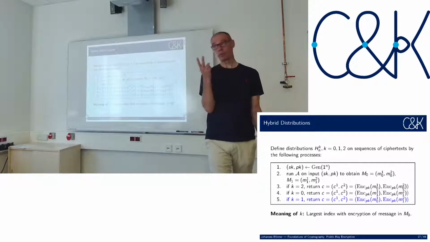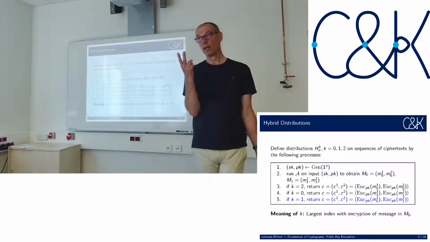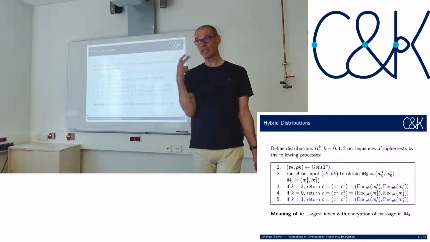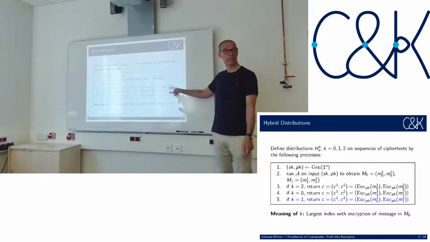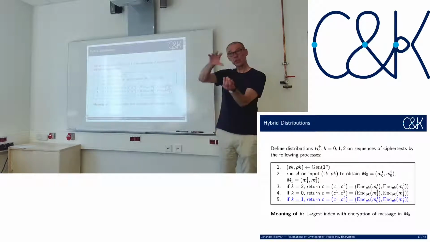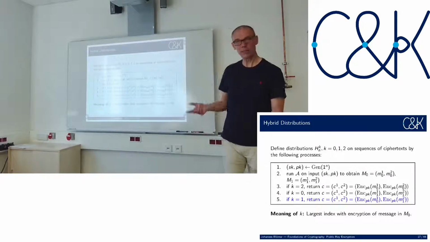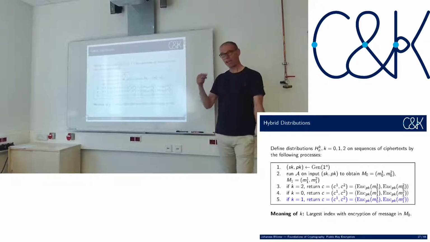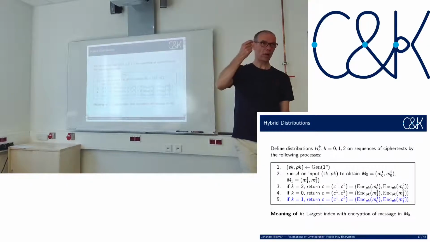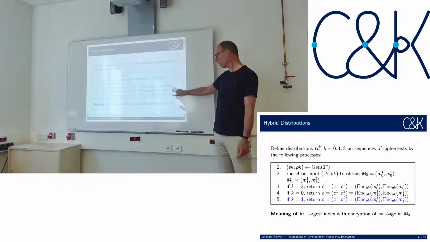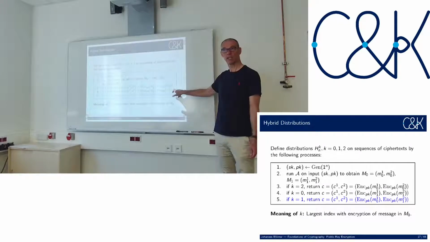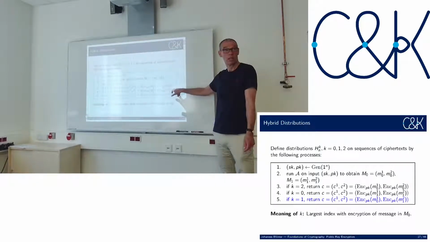But then again, I should be able to use that distinguisher or that algorithm to distinguish between encryptions here and here. So by introducing this hybrid, I will argue that you cannot distinguish these two things, this and this, or this and this, as an adversary, because if you did, you would break the eavesdropping security of my scheme, because it's just one position.